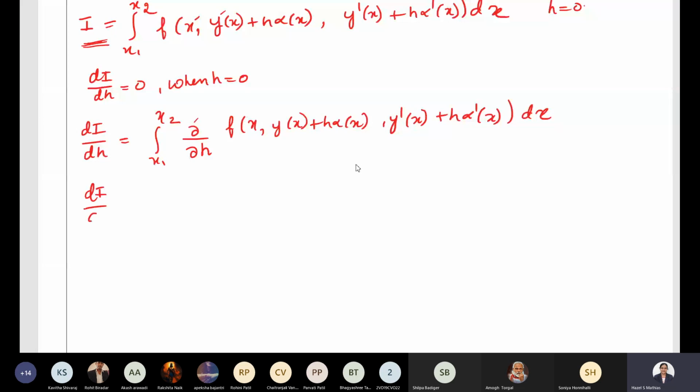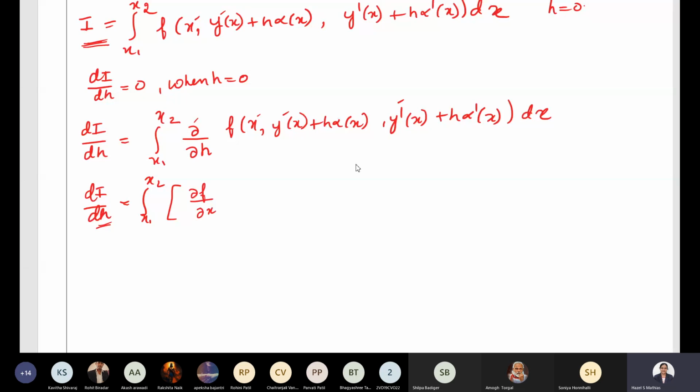So dI by dh will be the integral from x1 to x2. What will be the partial differentiation? F has x, y and y dash, and moreover we are differentiating I with respect to h. So when you apply the chain rule for partial derivatives, what we get?